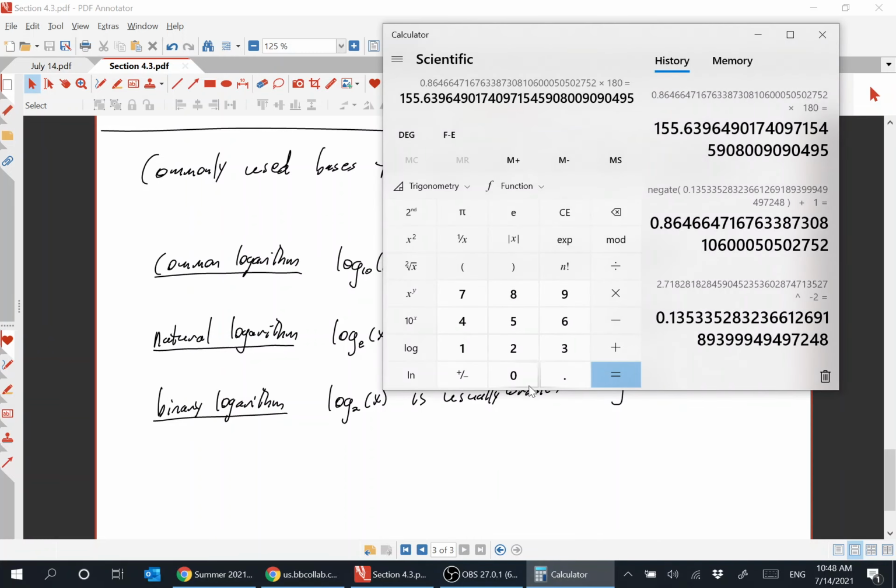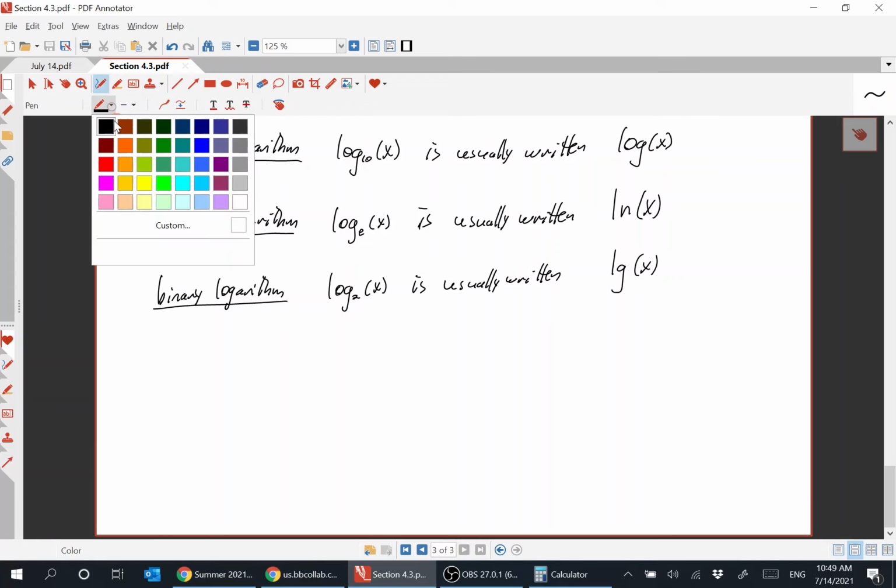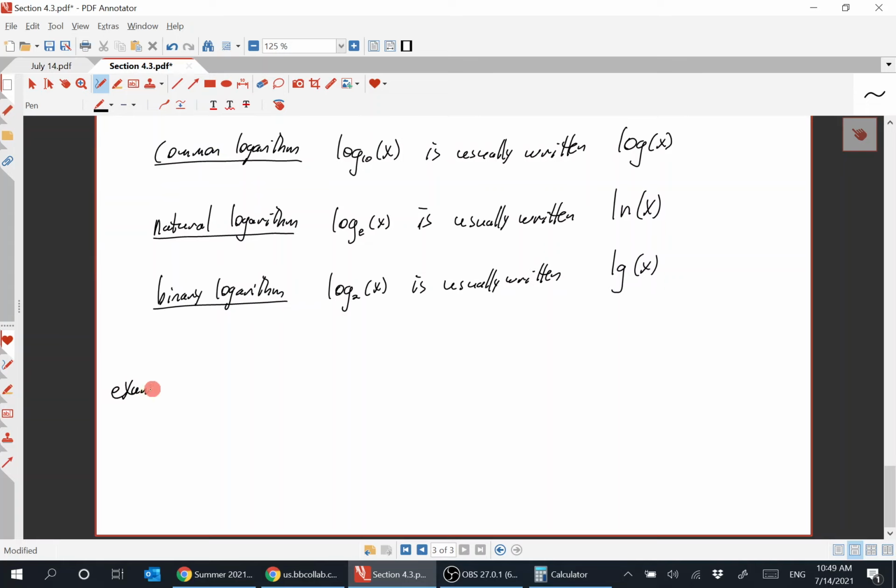And if you look on your calculator, it usually won't have a button for every logarithm. It'll just have a button for the common logarithm, log base 10, which is just log, and the natural log, ln. So on a calculator, the natural log of 1.